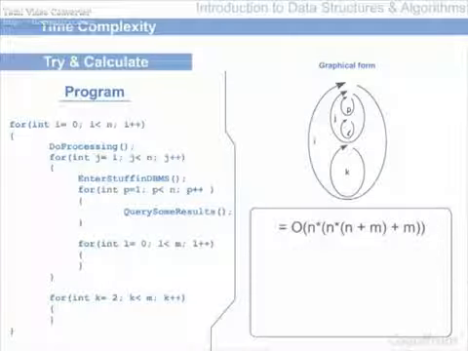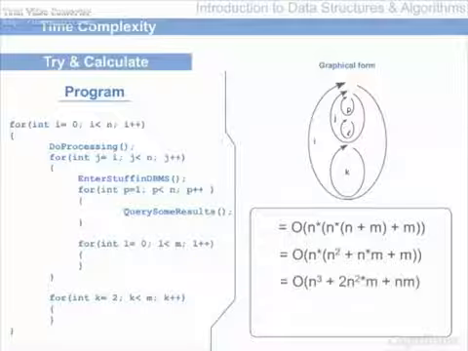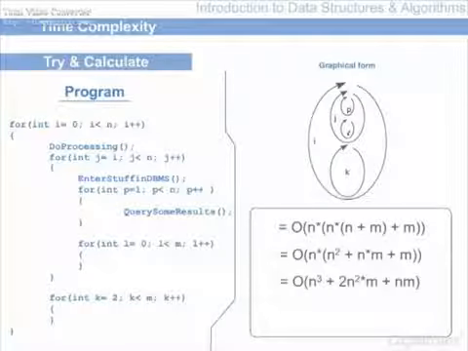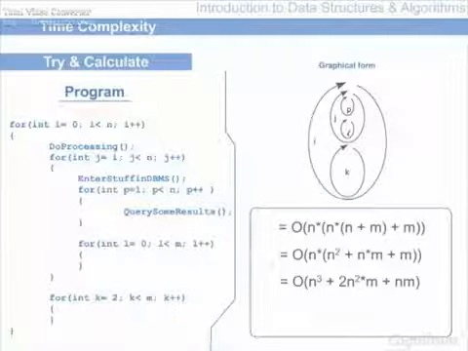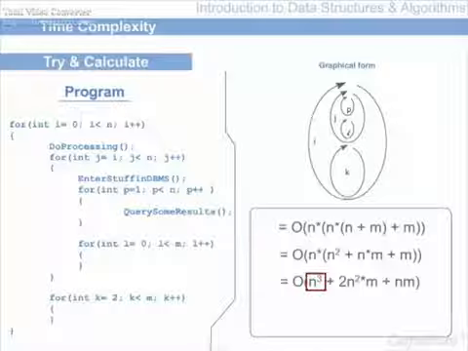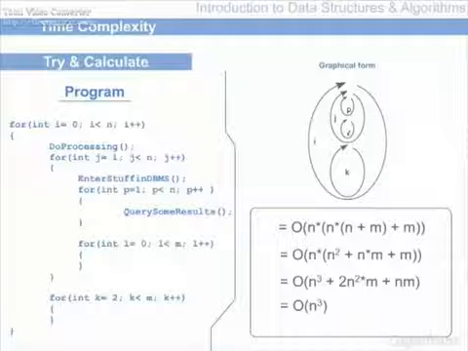After counting the total number of executable statements, it is observed that the time complexity of this program is O of a function of n. The maximum degree of n in this function is 3. Hence, the time complexity is O of n cubed.